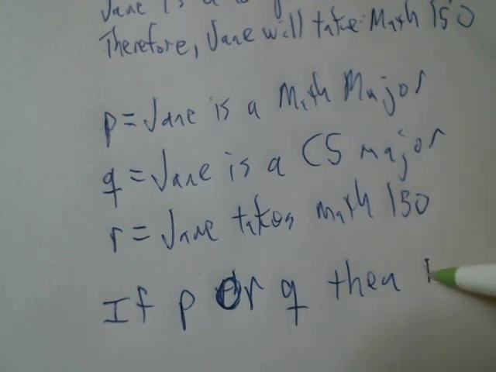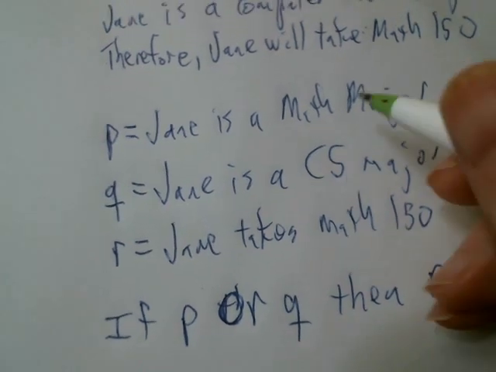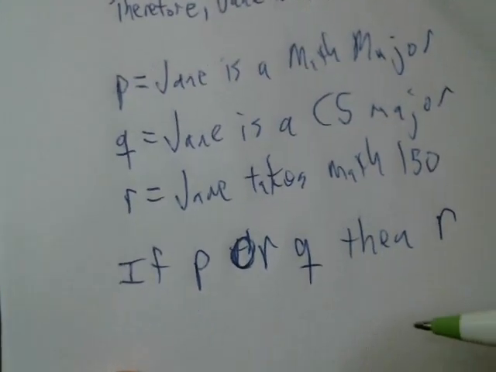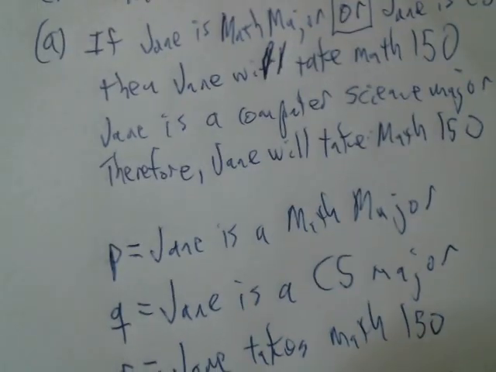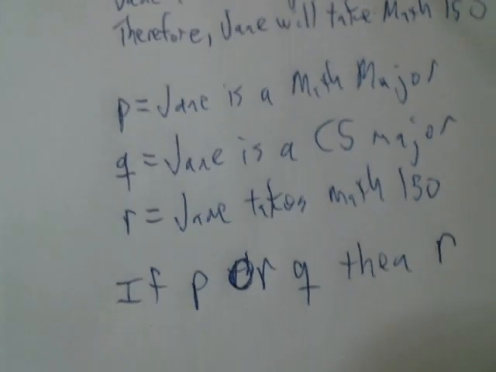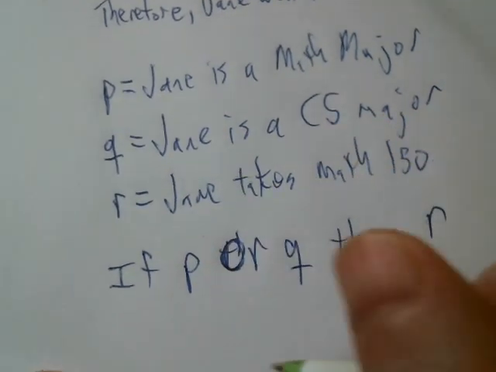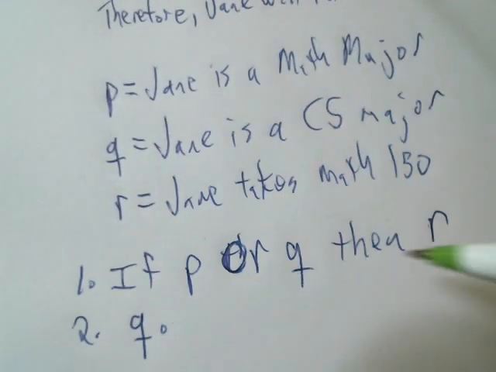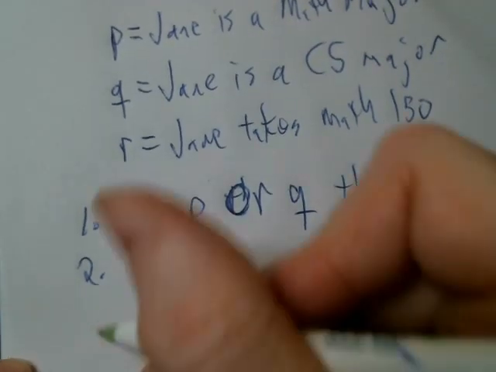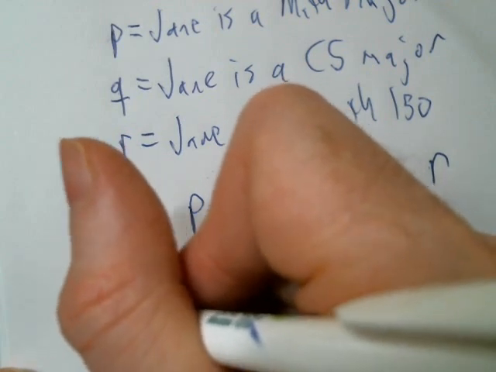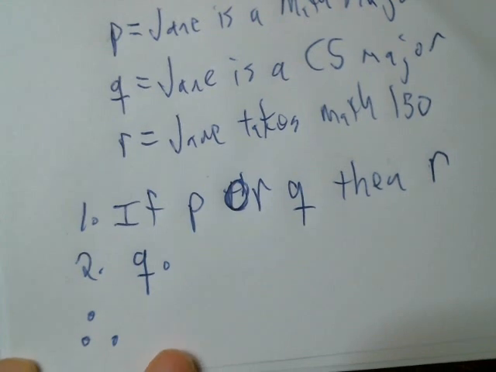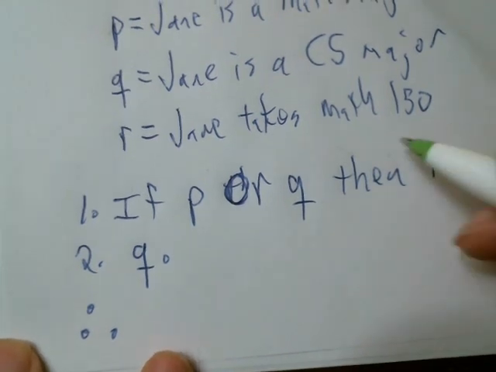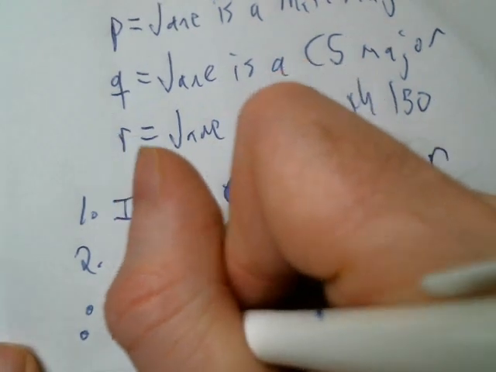So if P or Q, then R. Right, so that would be the first statement translated into variables, so it becomes more algebraic. The second statement, Jane is a computer science major, is just Q. And then finally our conclusion, therefore, and we can use these 3 dots for therefore if you want, Jane will take Math 150, so therefore R.